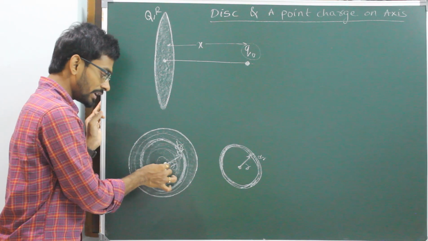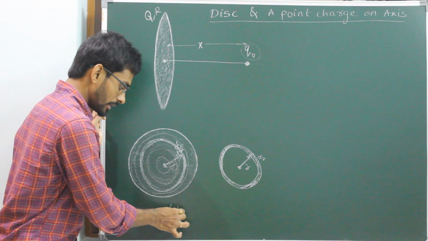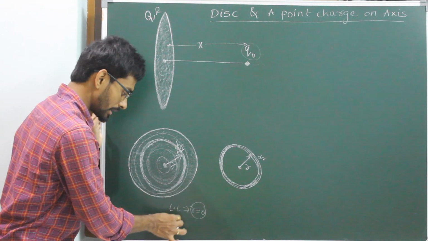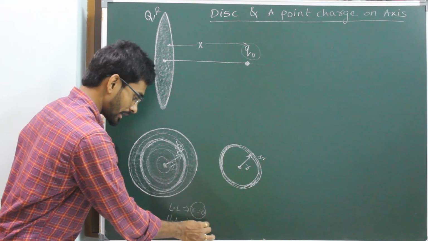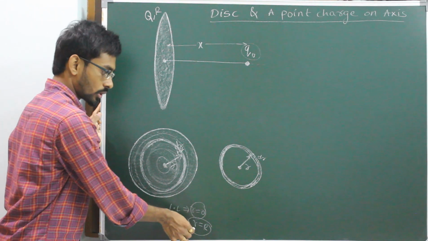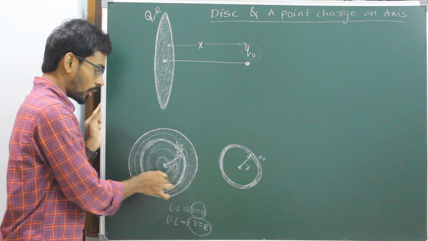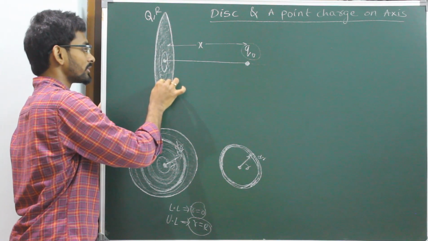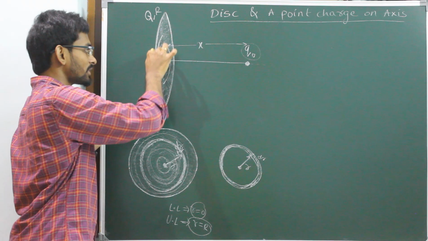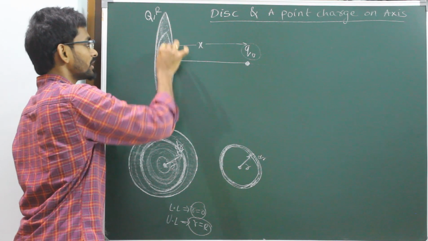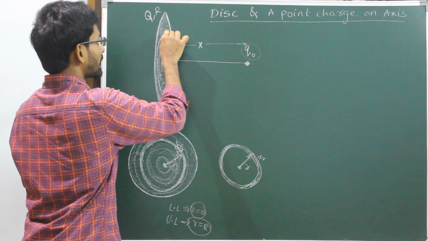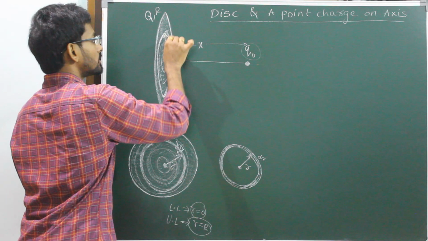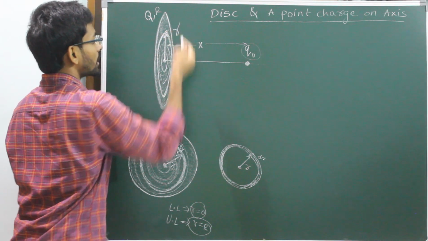So if I change the radius from the lower limit r equals 0 to the upper limit r equals capital R, I'll get all the rings, all the elements which I have broken. Here in this diagram, these are the elements. From this I have picked one element, of radius small r. This is our element.